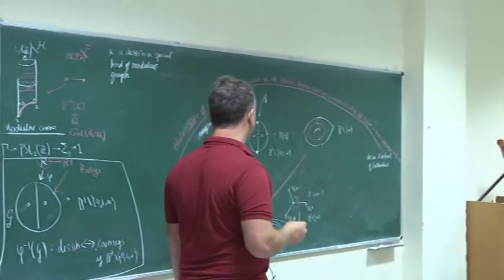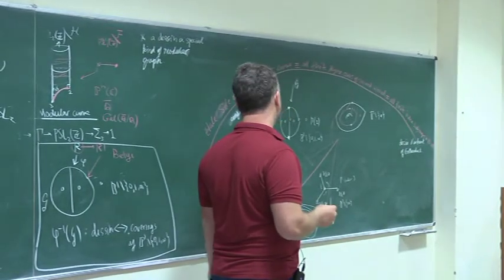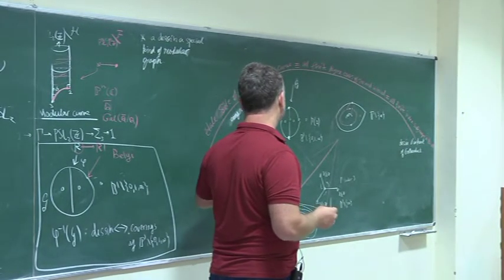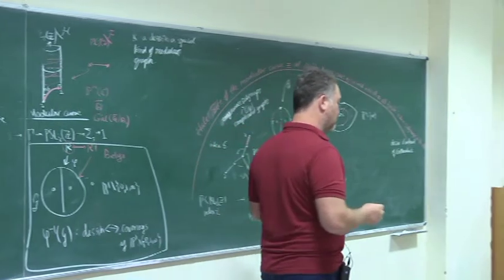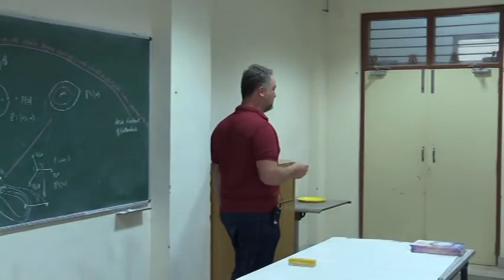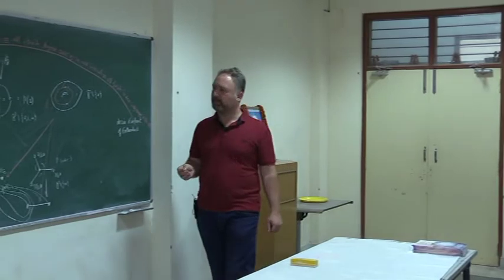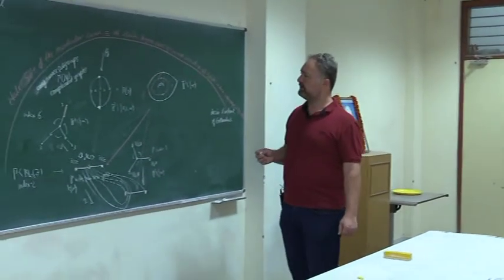And one thing that you must do when you want to attack such groups is to find some generators of the subgroup. And finding the generators of the subgroup is the same as determining its modular graph. And what else?